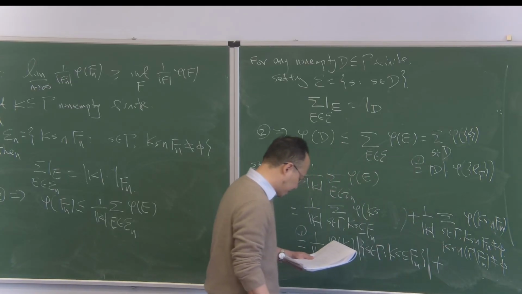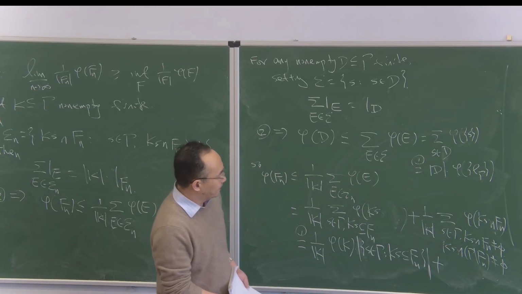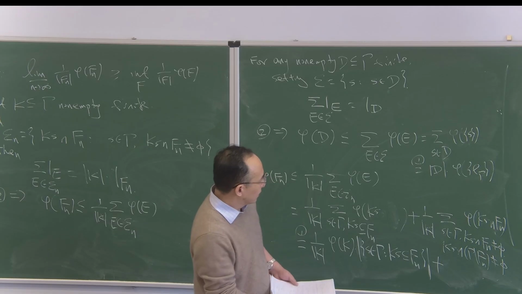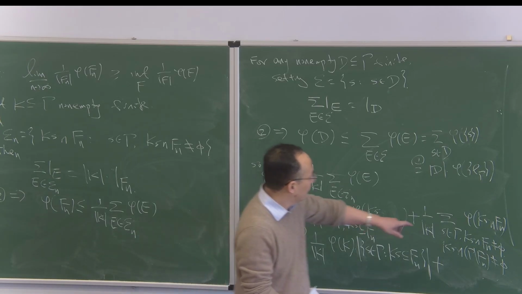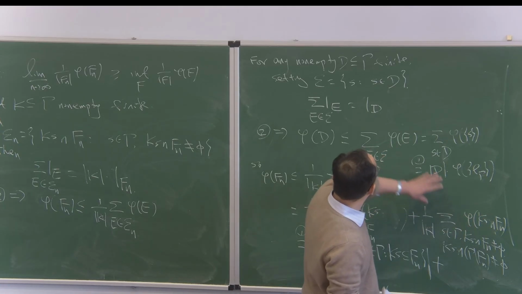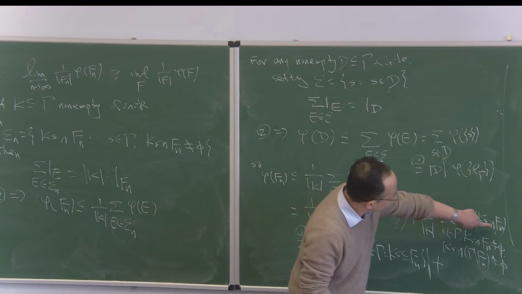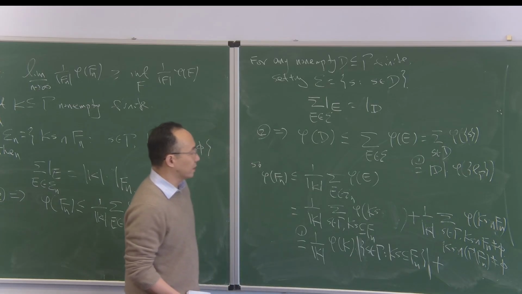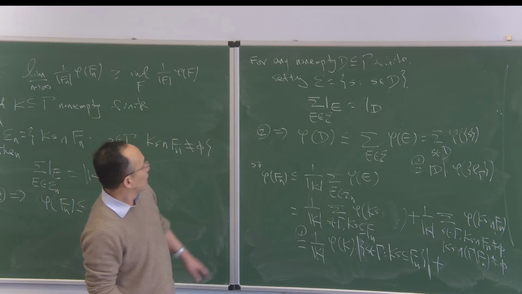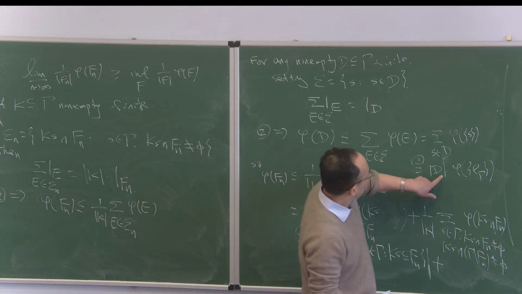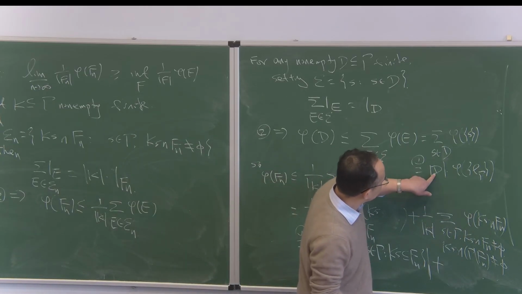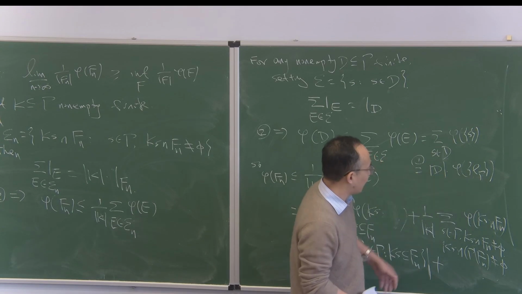For the second term, one can say that this would be just applied. You take D to be this set here. One can get that this is at most the size of D times this value.